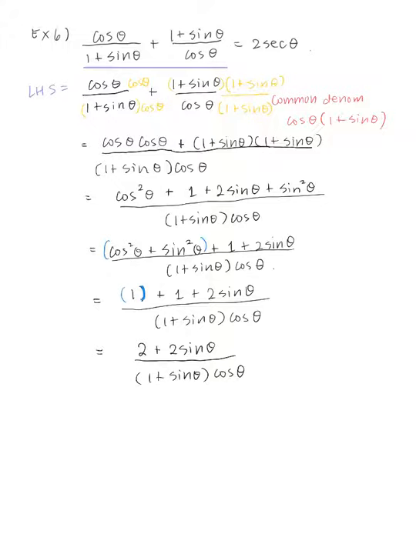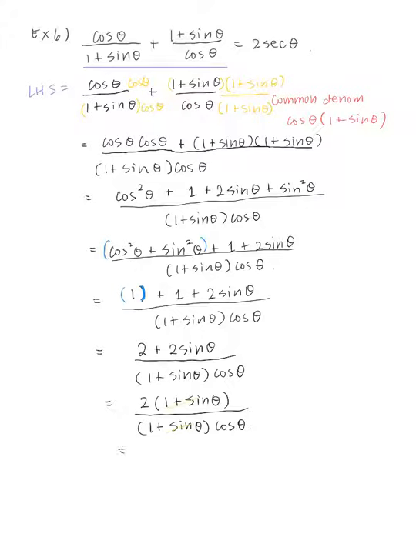Okay, so maybe, I see. Let's factor the 2 out from the numerator. So you're going to have 2 times 1 plus sine of theta, whole thing over 1 plus sine of theta, and cosine of theta. Okay, so we can cancel 1 plus sine of theta.